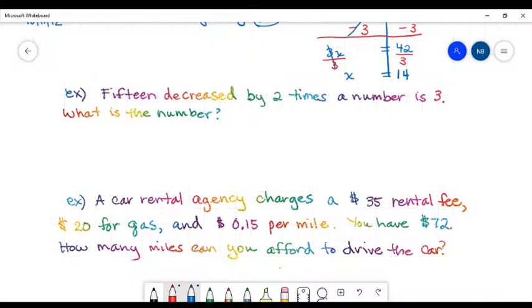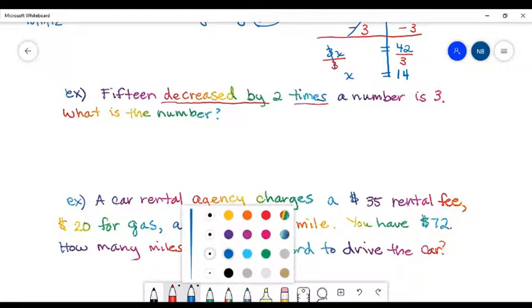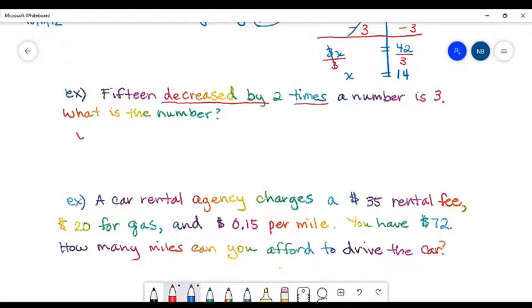Next problem. The purpose of this problem is to introduce you to this phrase decreased by, and the word times, which you know from elementary school. 15 decreased by 2 times a number is 3. So 15 is the star here.